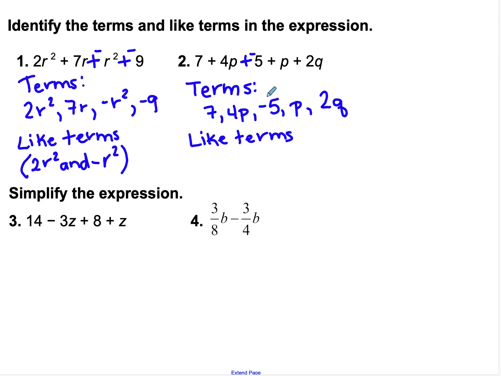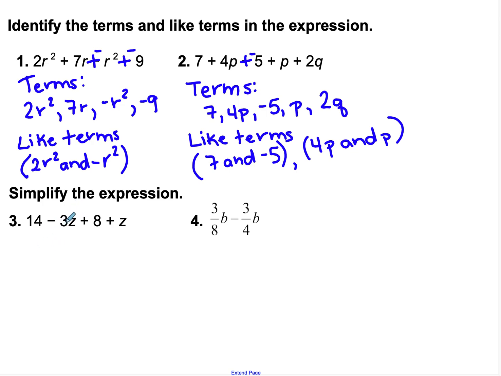Okay, so let's see. My constants are going to be like terms, 7 and negative 5. And let's see, 4p and p. 2q does not have anything to be a like term with.